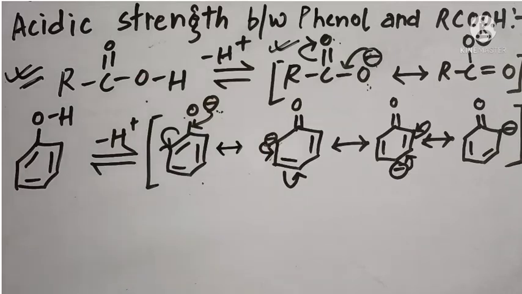You can also relate that with the fact that phenol does not undergo the reaction with sodium hydrogen carbonate or sodium carbonate, which are weaker bases, so it will not give you carbon dioxide. Okay, phenol does not react with weaker bases, but the carboxylic acid can undergo the reaction with sodium carbonate or sodium bicarbonate.